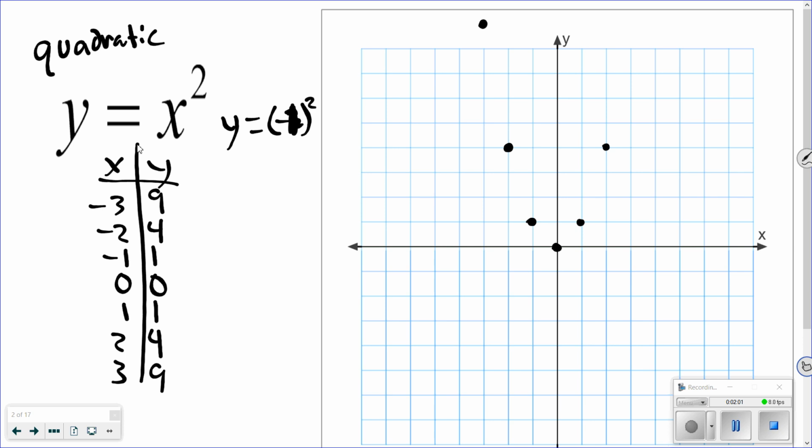And then 3, 9. So it kind of looks like the absolute value V shape. The difference between this one is the sides are not straight, the sides are curving. Okay, so it comes down like this, and it looks something like that. The sides are constantly curving.